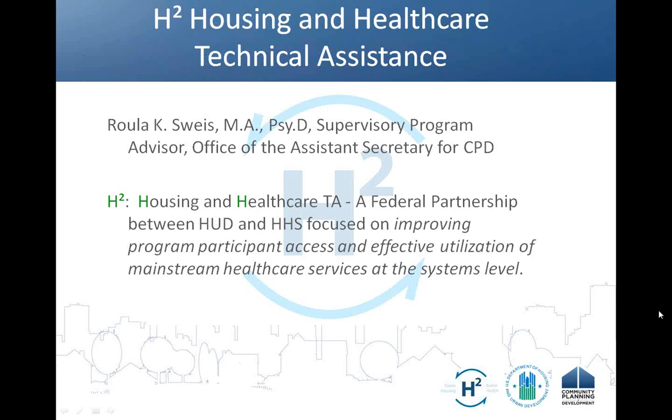This emphasis on prevention, early intervention, and primary care represents the intersection between the housing and healthcare systems, and we are strongly encouraging HUD's homeless assistance grantees with supporting the clients in your care to shift away from acute care setting utilization, which has a tendency of being fragmented, and move toward this more coordinated model.